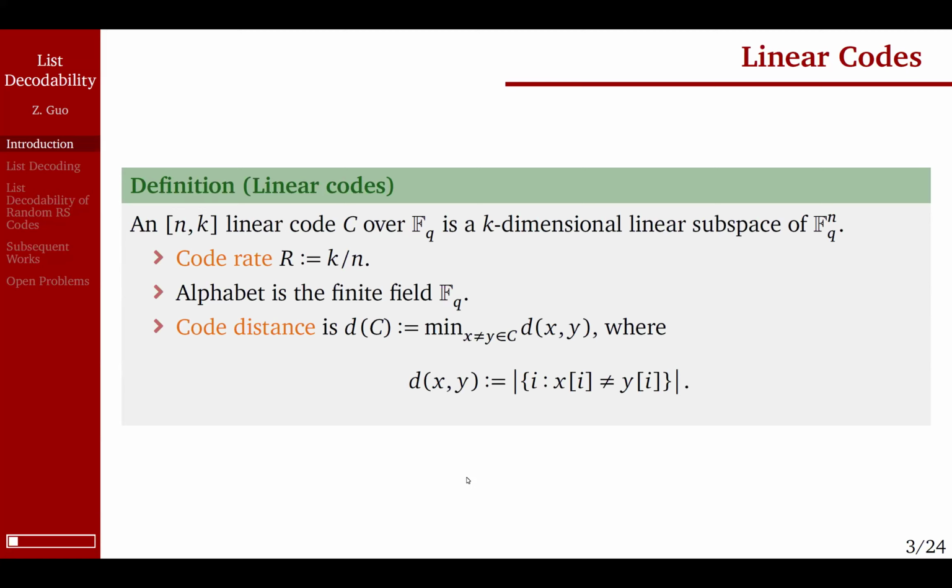This is called the Hamming distance. So those are the definitions of code rate and distance. If you want the rate to be high, because we don't want too much redundant information, at the same time we want the distance to be large enough because we want to correct errors. So there's always a tension between the two.